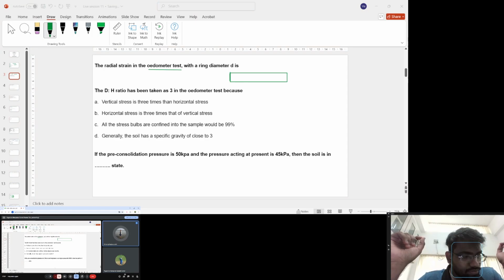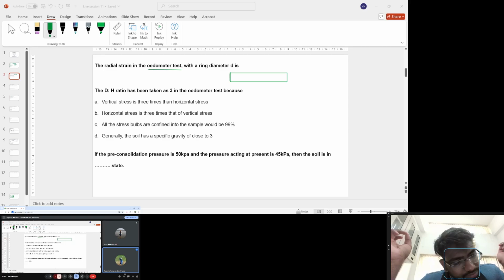It's a consolidation. So how many dimensions? How many directions of consolidation can you study in this? In one direction. Which is vertical, right? Why not horizontal or radial? Yeah, because I think it works on Terzaghi's one-dimensional consolidation principle.